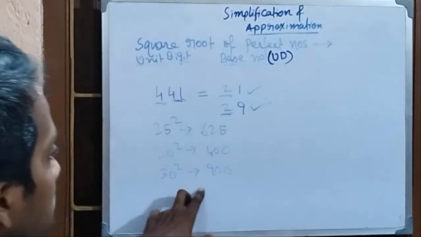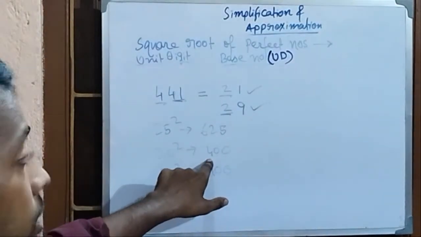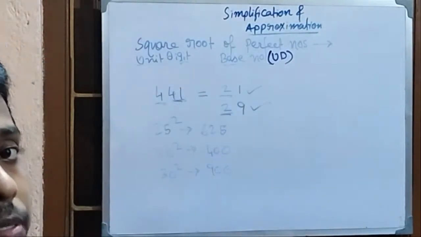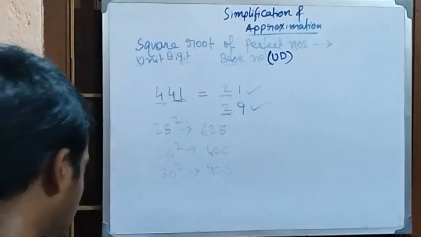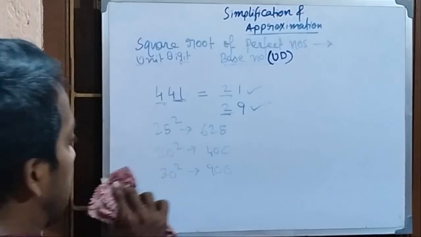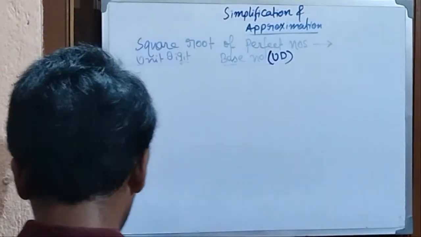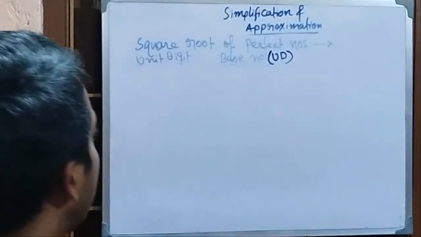Which is more probable to give this 441 answer? Very close to 400, right? So 21 will definitely be the answer, right? Okay. I am explaining this in more detail so that no problem occurs in future, right?